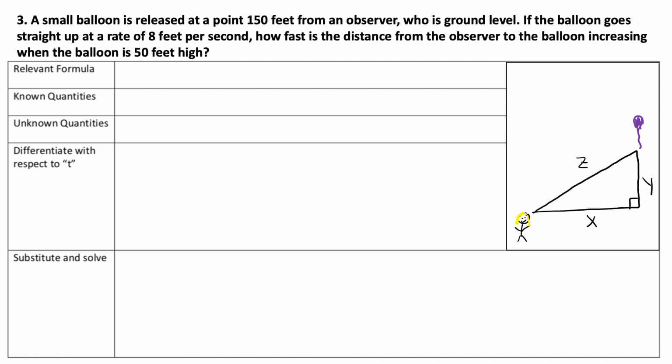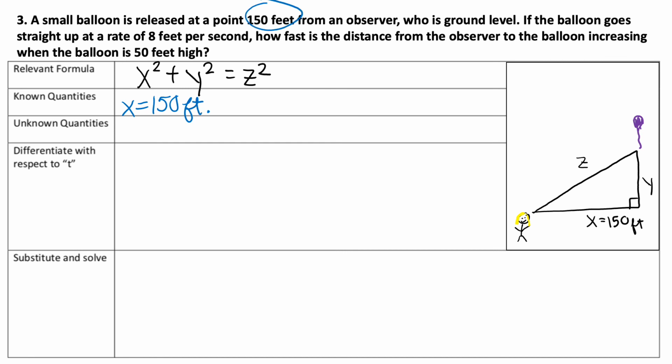From here, I want to relate my sides x, y, and z using the Pythagorean theorem as x squared plus y squared equals z squared, and let's write what we know. A small balloon is released at a point 150 feet from the observer. So that means this distance would be 150 feet, so I'm going to label my x as 150 feet.